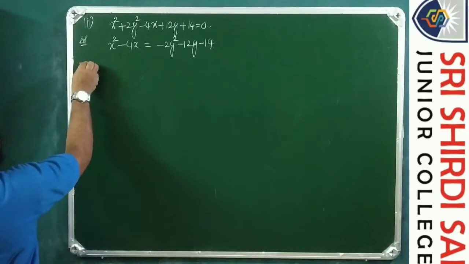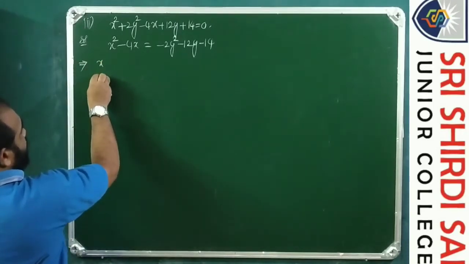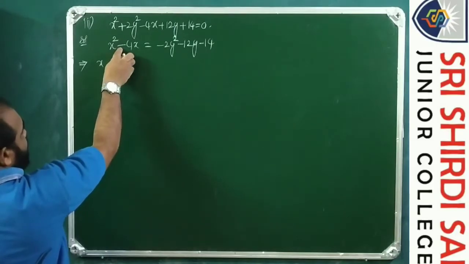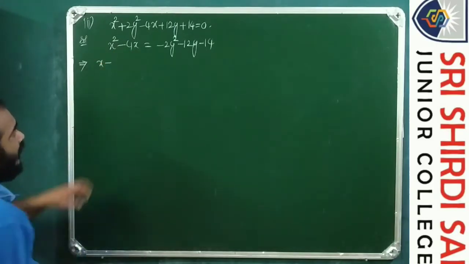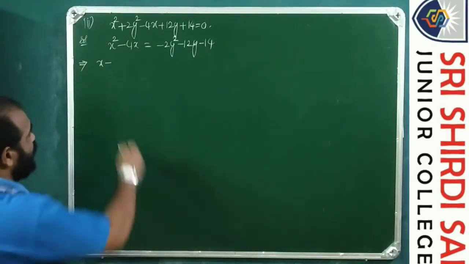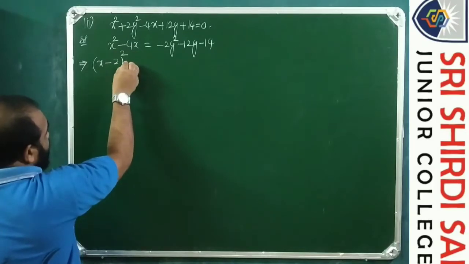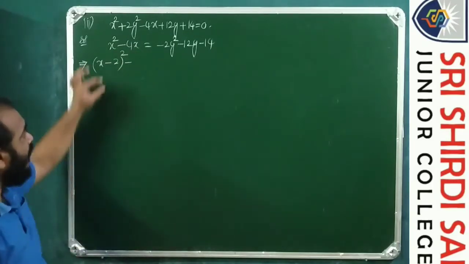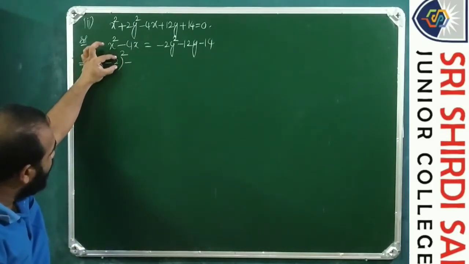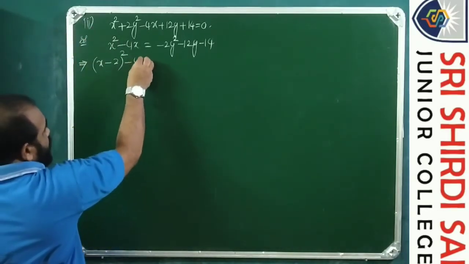So x minus, the coefficient of x is 4, half of it is 2. Now complete the square. Here we write minus, and whatever we have here, its square, 2 square is 4.